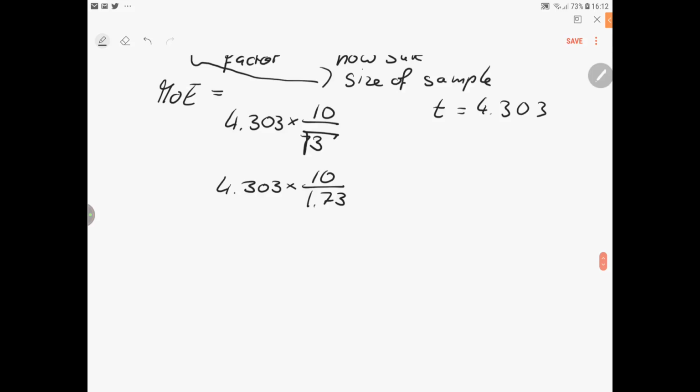And if we put this together, we get for our margin of error something along the line of 24.84. So that is our margin of error.